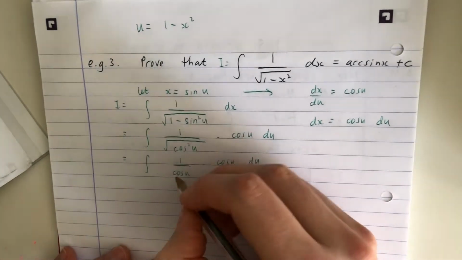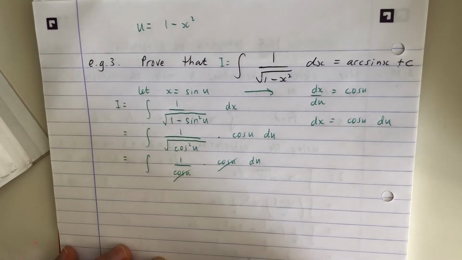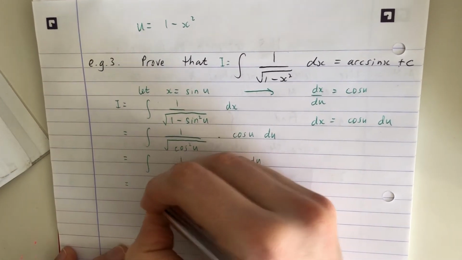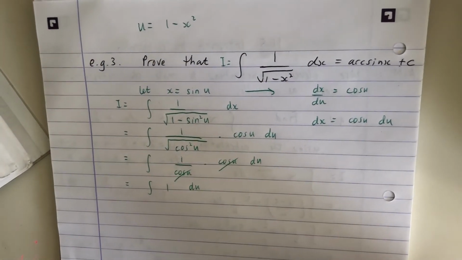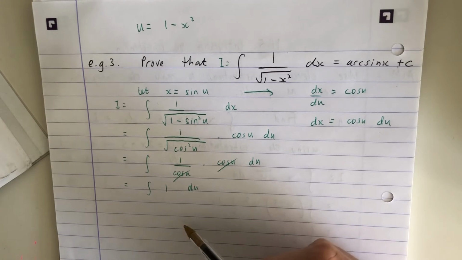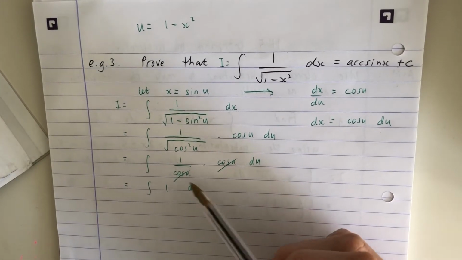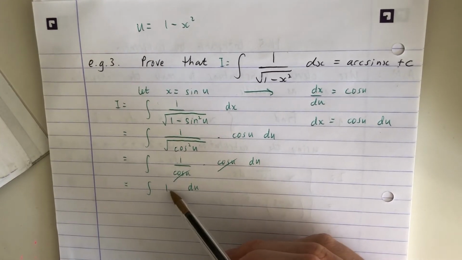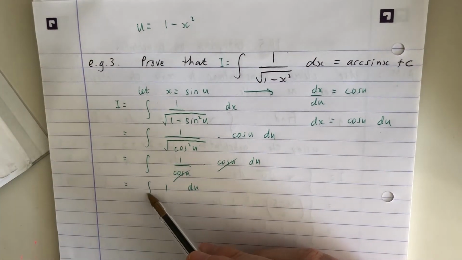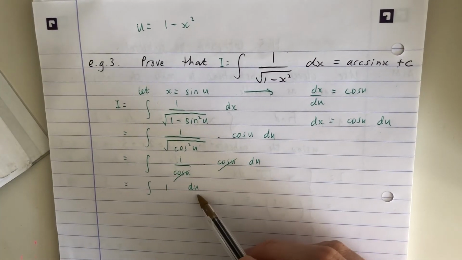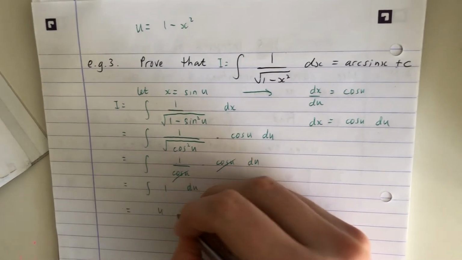And there it is, there's the simplification. Cos u cancels with cos u, and you're only integrating 1 with respect to u. And that is the easiest integration of them all. So that really complicated thing was simplified to just integrating 1 with respect to u, which goes to u plus c.